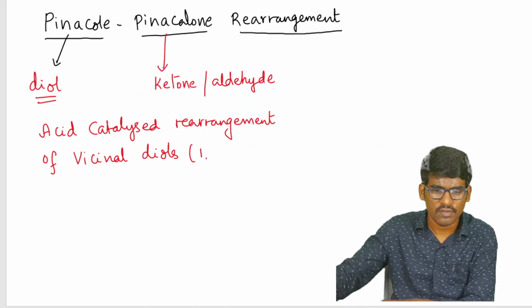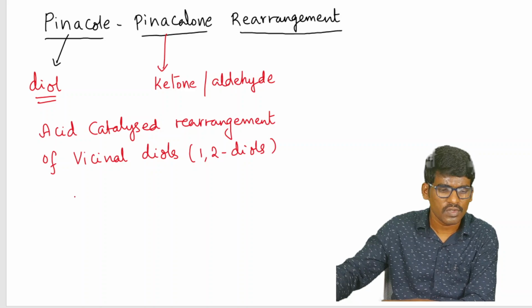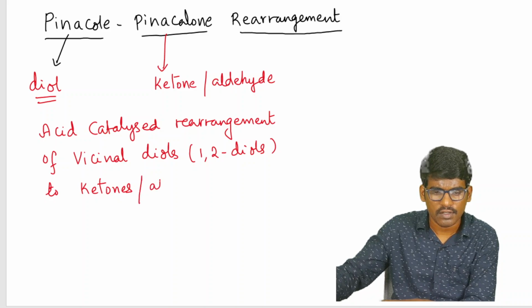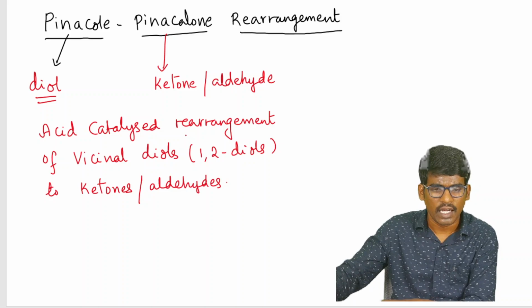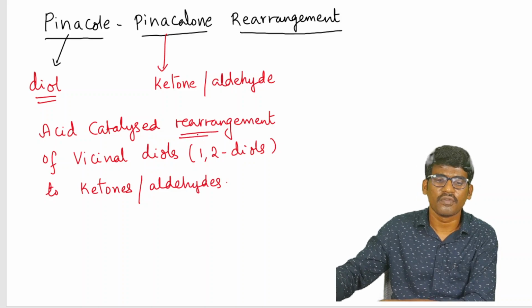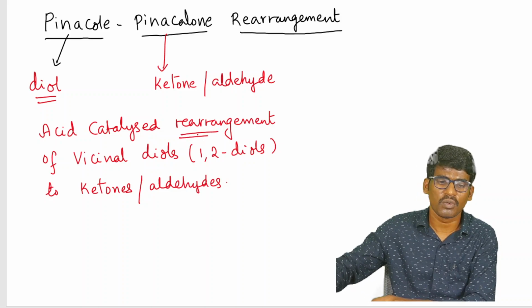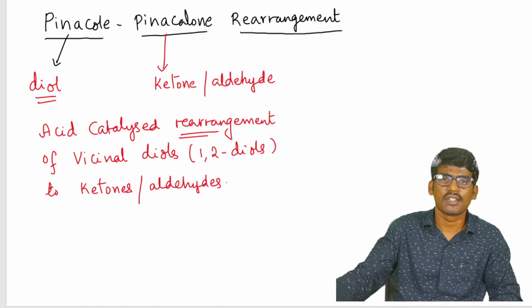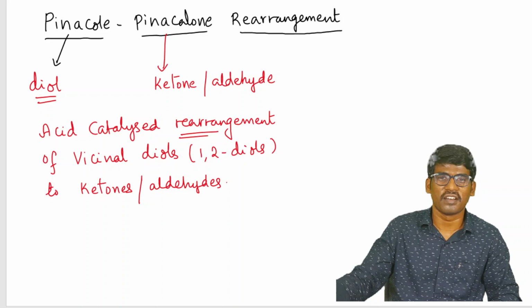Vicinal diols, which are called 1,2 diols, are converted to ketones or aldehydes. This conversion is called the pinacol-pinacolone rearrangement.